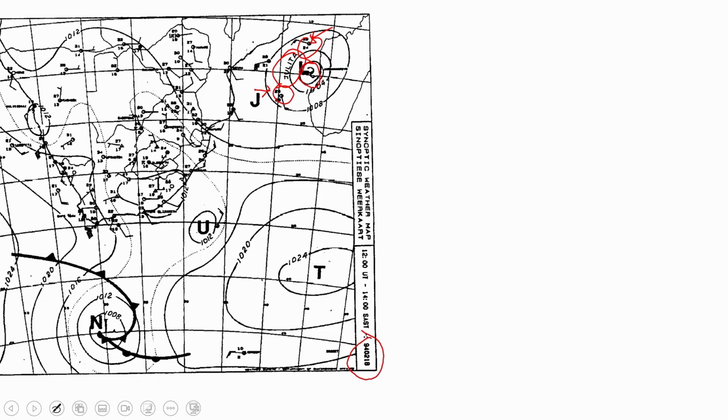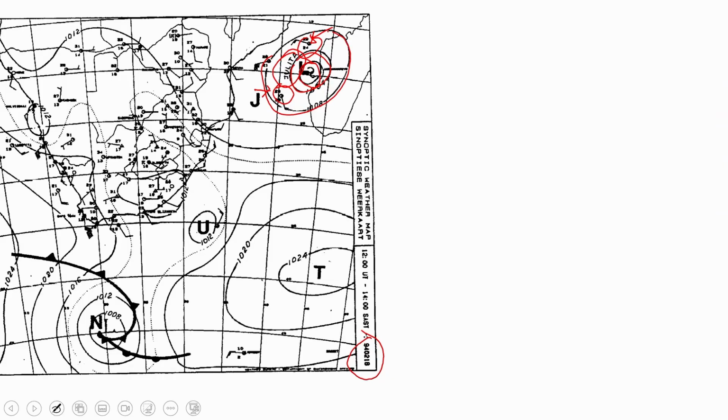Now, the isobars, the lines that join places with the same atmospheric pressure, are also round or concentric. Look at that. Concentric, meaning they are representing a tropical cyclone.